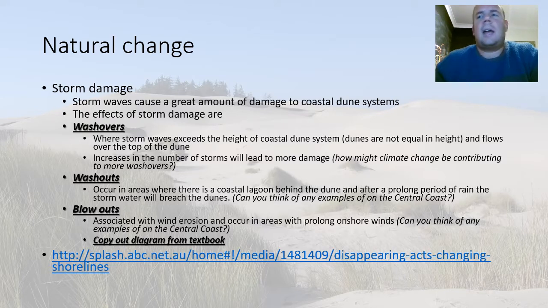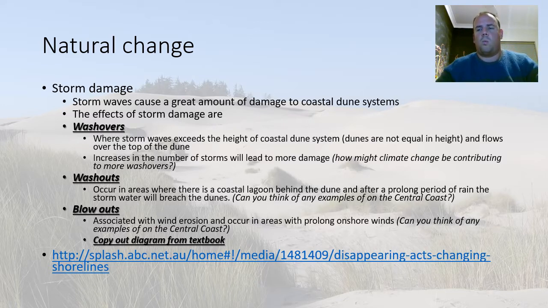The main reason sand dunes naturally change is a biophysical impact of the atmosphere, hydrosphere, as well as the lithosphere, and that's when storm waves cause a great amount of damage to dune systems with big waves, very strong winds, and then the effects we have are washovers.